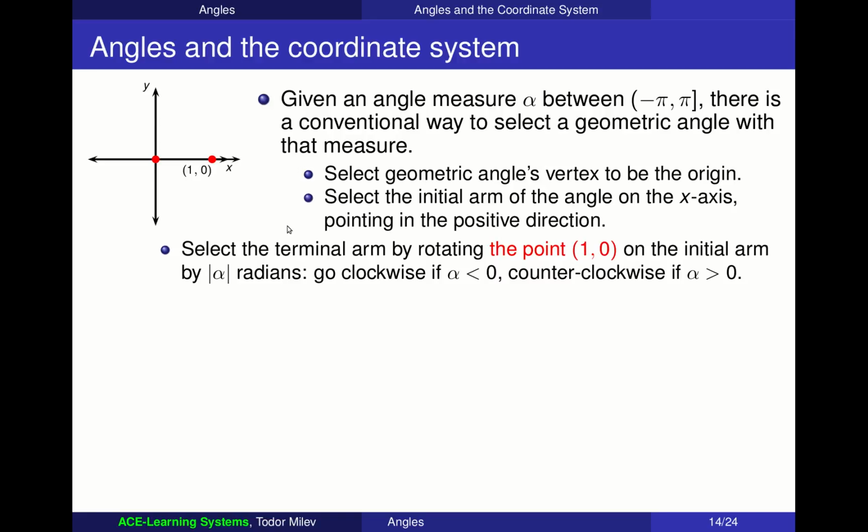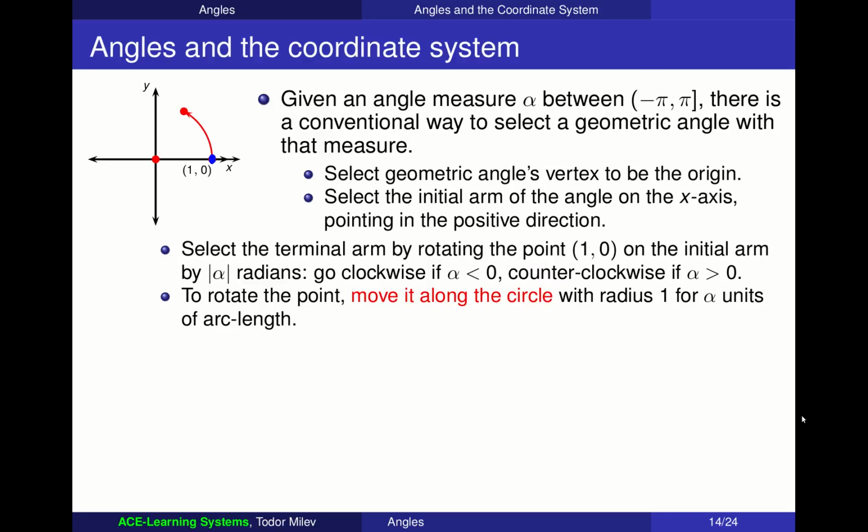So to construct the terminal arm, the second arm of our angle, this is our initial arm. We take this point, the point with coordinates 1, 0, and we rotate it along a circle whose center is at the center of the coordinate system.